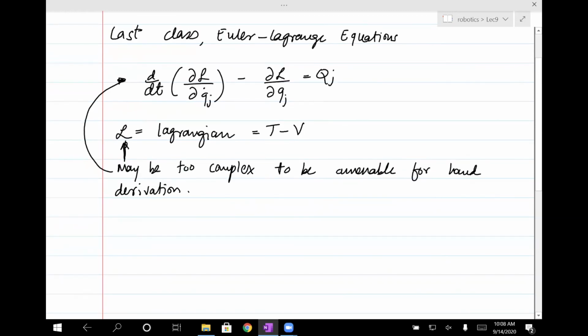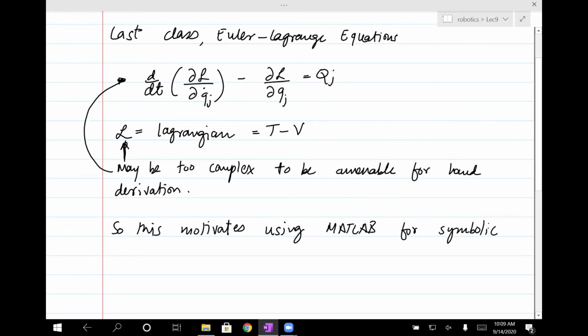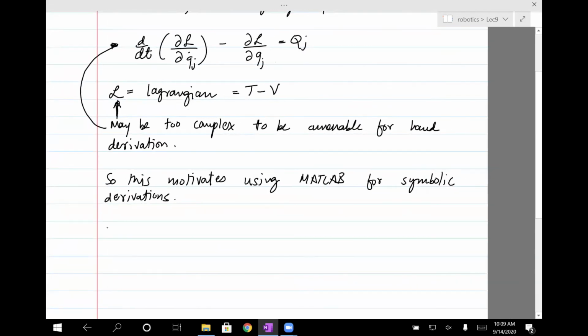So this motivates using Matlab for derivations or symbolic derivations. Okay, so that's what's going to be the focus of today's class: symbolic derivations.